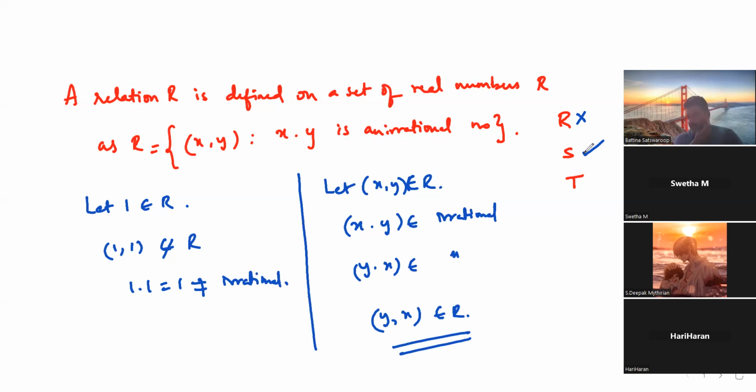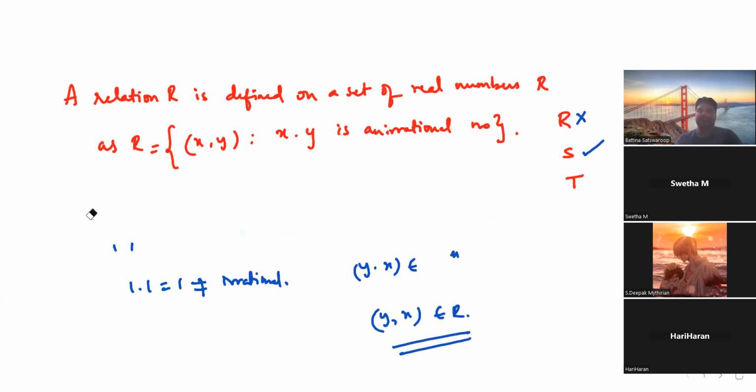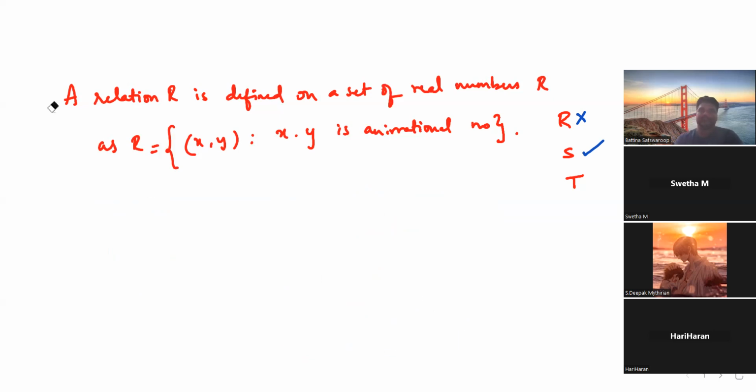Next, coming to check the transitive property. Let us say (1, root 2) belongs to R. So root 2 will belong to the set of irrational values, not the set of rational values. Correct?